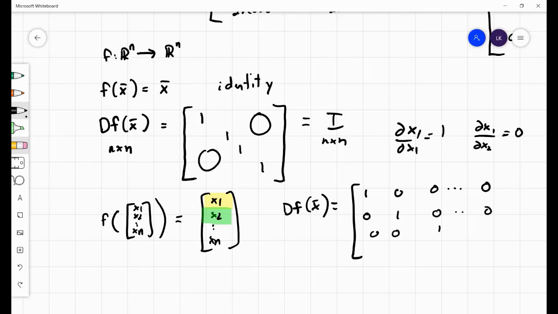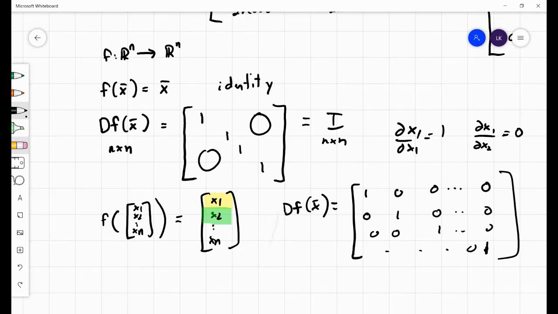So it's the identity. All right, well, that's not a very exciting example, but I hope it's kind of satisfying that the identity function has a derivative matrix which is the identity matrix, yeah?